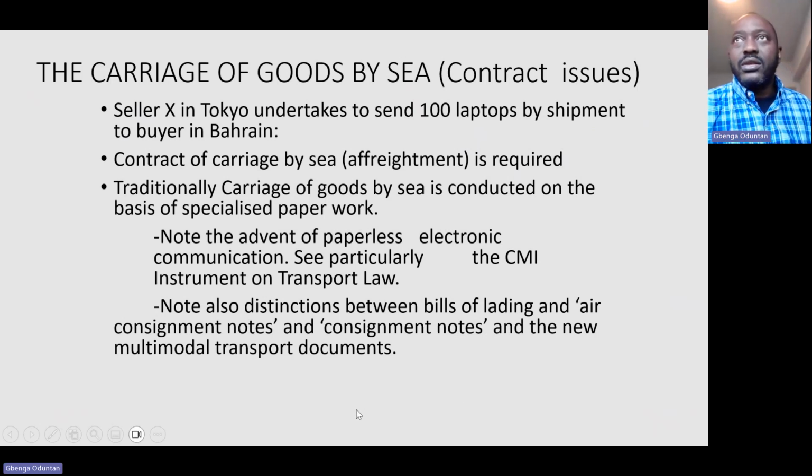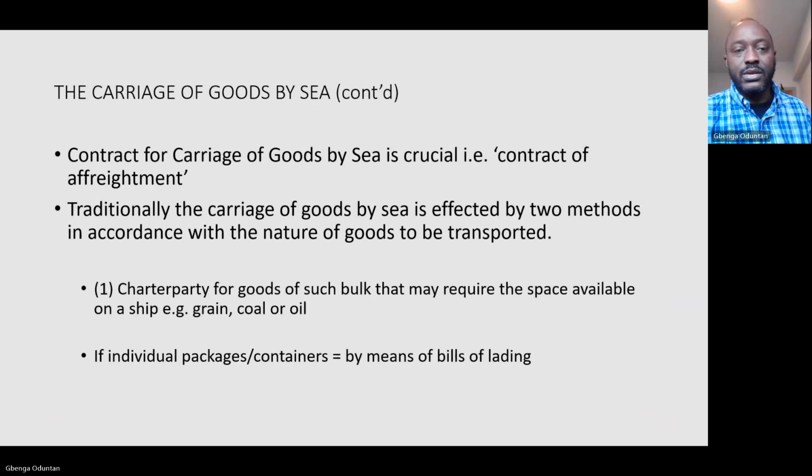Needless to mention that when we talk about contracts, we nowadays also include electronic contracts and electronic contract documents.